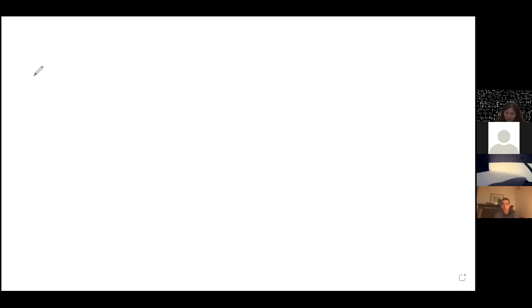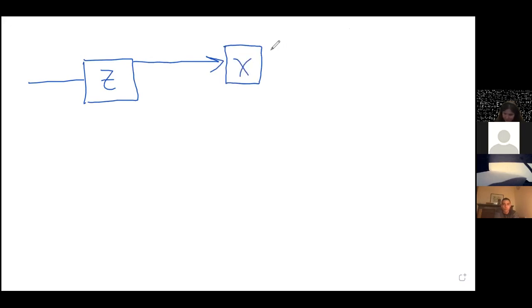So the next one is this one. Again, here you have 1, here the 0. It's the 0 state you put out, and then you put the X like this.